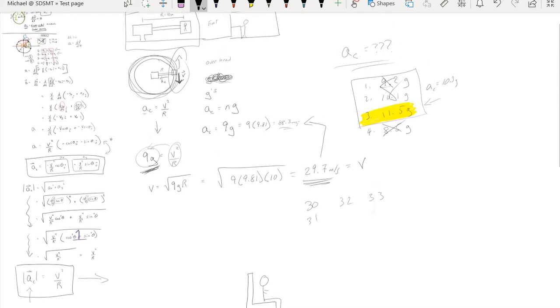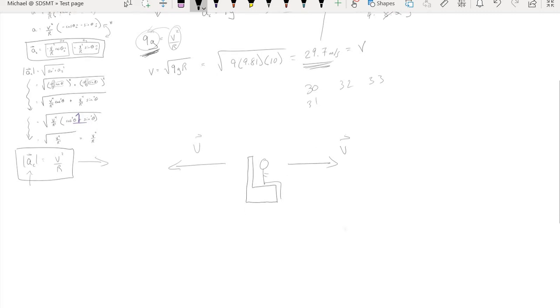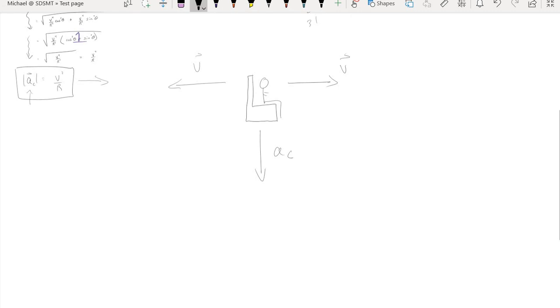So in one scenario, the person could be moving forwards, and in another scenario we could be moving the person backwards. And in both cases there would be some center-seeking acceleration as our test subject goes around in a circle.